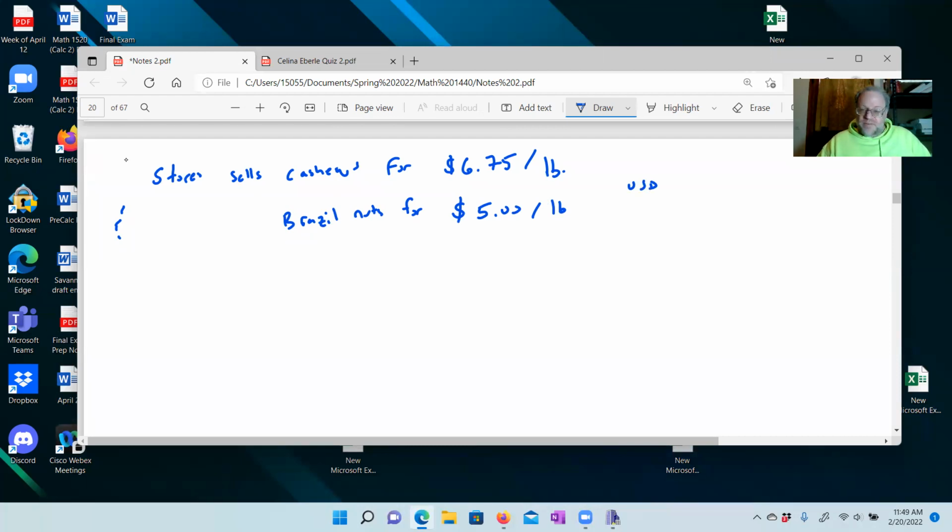How much of each type should be used to make a 50-pound mixture that sells for $5.70 a pound?